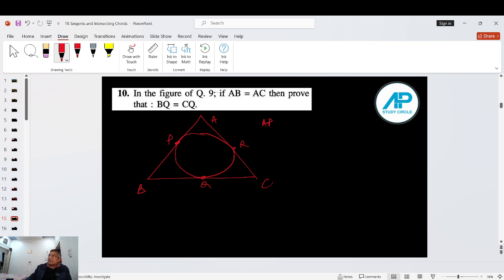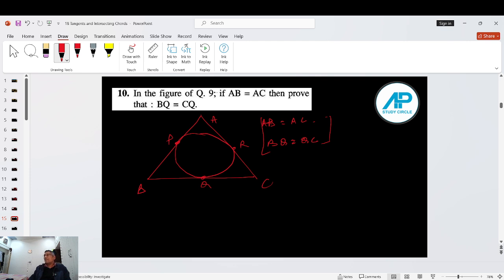I have to show that if AB equals AC, then prove that BQ equals QC. Now I have already proved that the sum is half the perimeter.